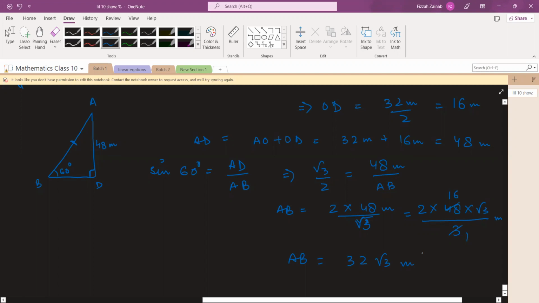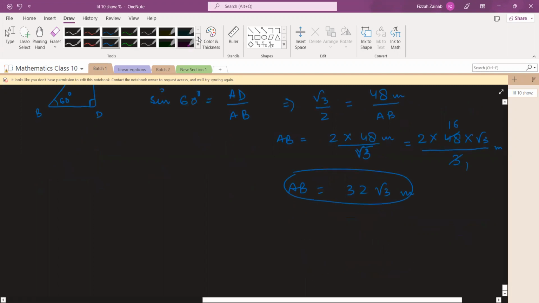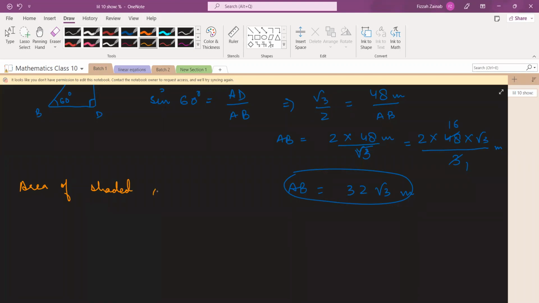Okay, so I've got the side which I was interested in. Now let us directly find out the area of the shaded region. So area of shaded region is equal to area of circle minus area of equilateral triangle.